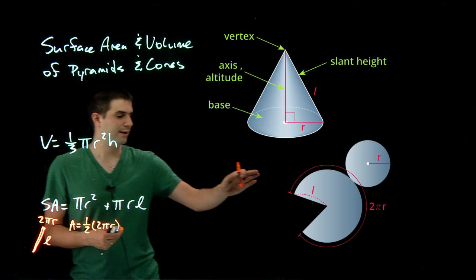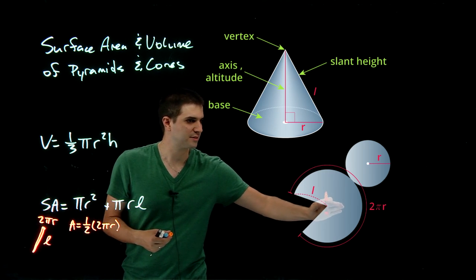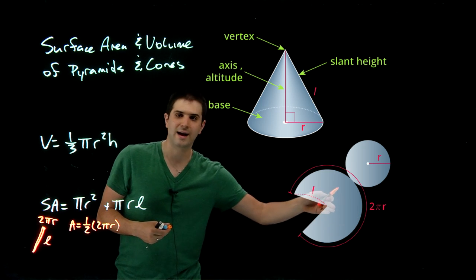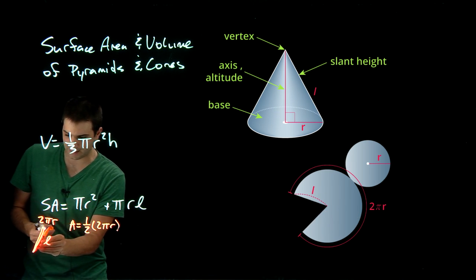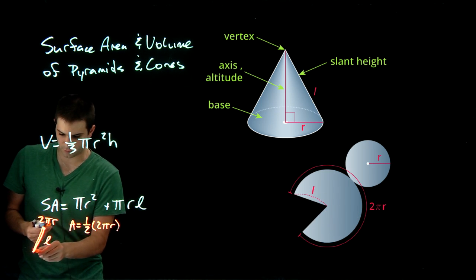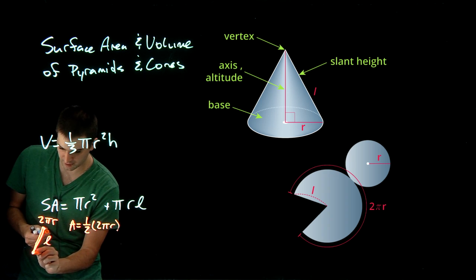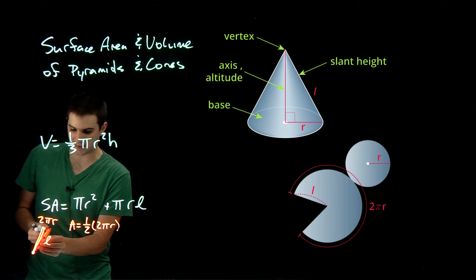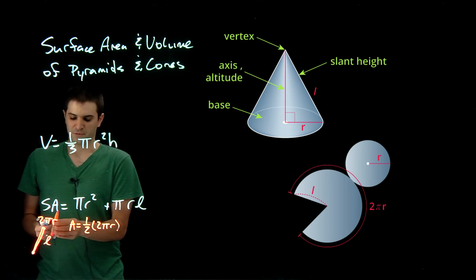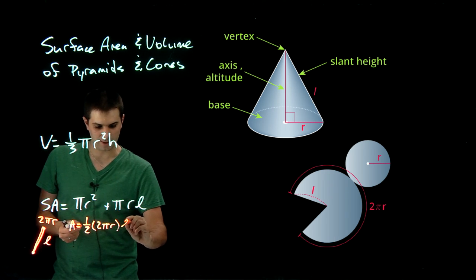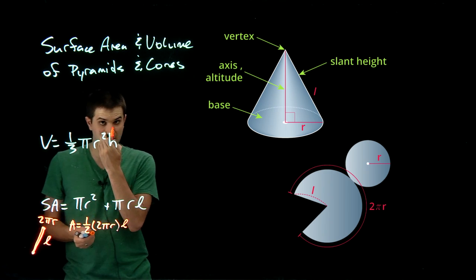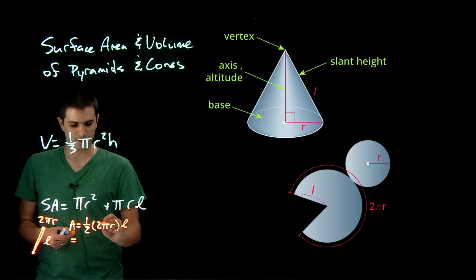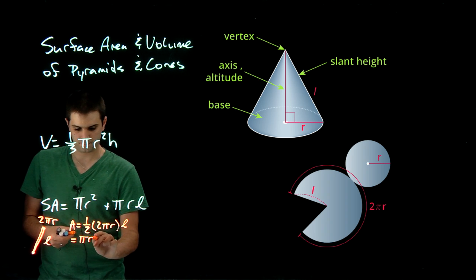If we look back here, every one of these lines from this point to this line is a distance L. So this line is L, this line is L, this line is L. The height is actually L as well, so we can use L for the height. And so we get 1/2 times 2 pi r times L, which is just pi r l.